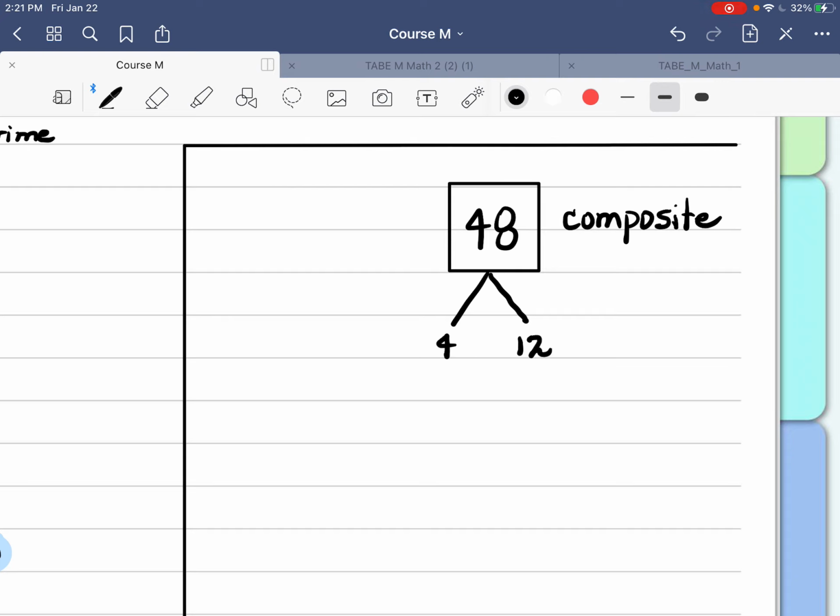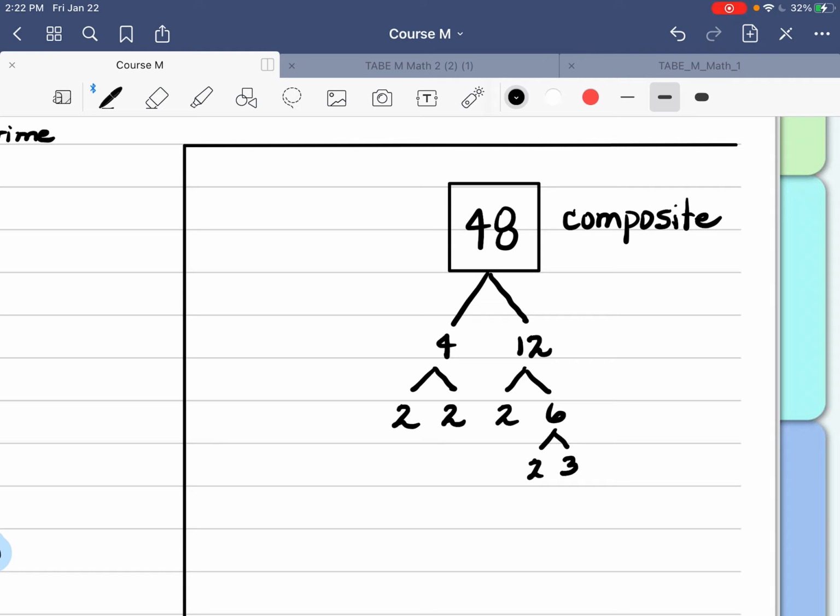So 4 times 12 is 48. But the 4 will break down to 2 and 2. The 12 will break down to 2 and 6. The 6 will break down to 2 and 3.